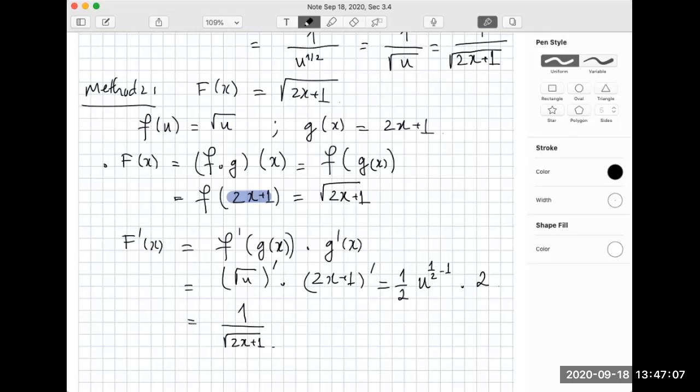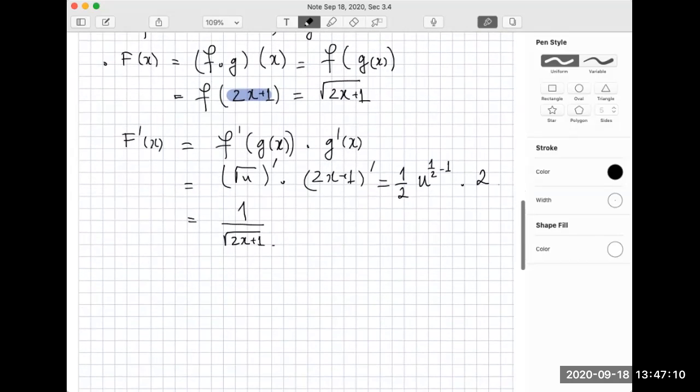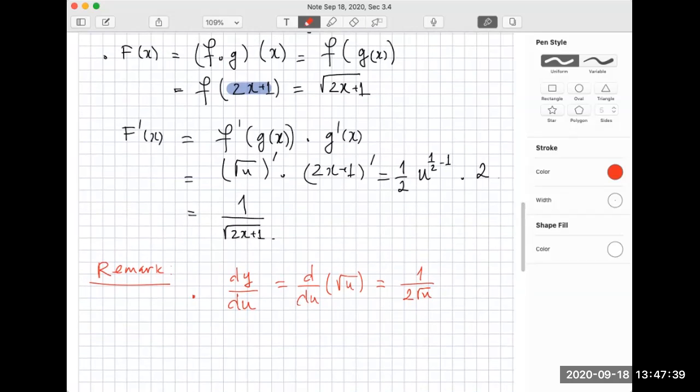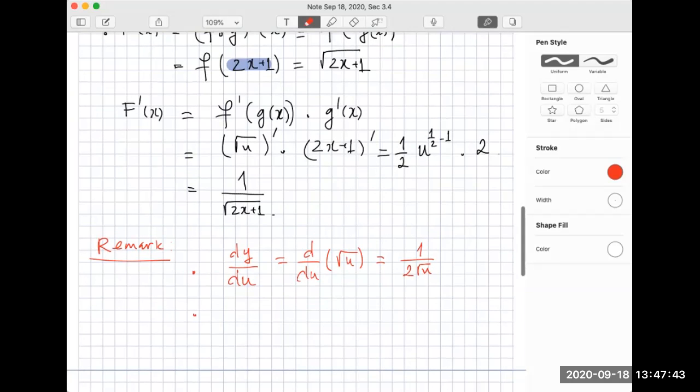Now, let us play with another one. In this case, a remark. dy over du, where y is square root of u, it is 1 over 2 square root of u, and dy over dx is capital F prime, and this is the final result, 1 over square root of 2x plus 1.